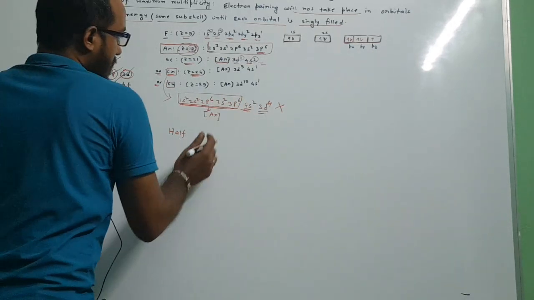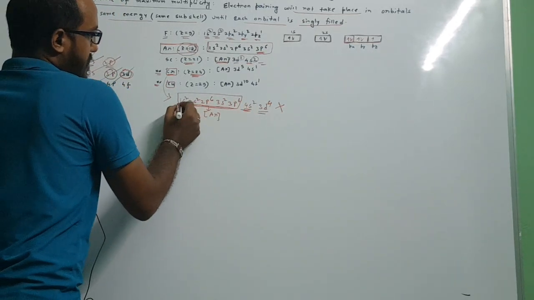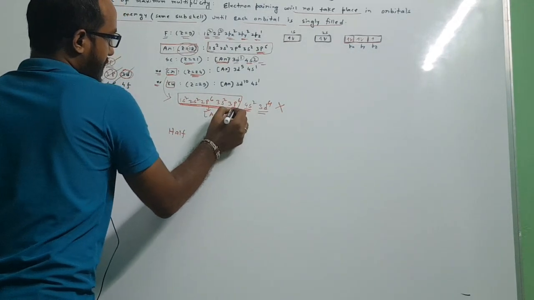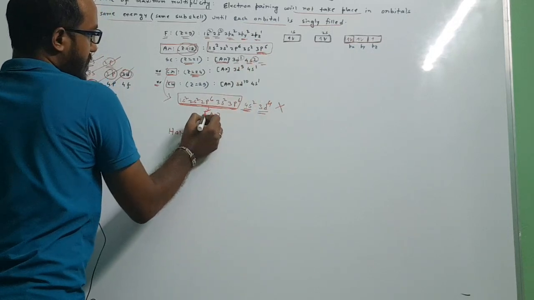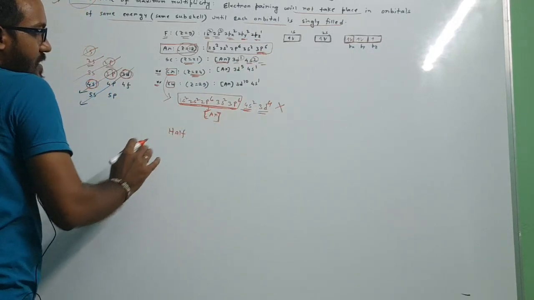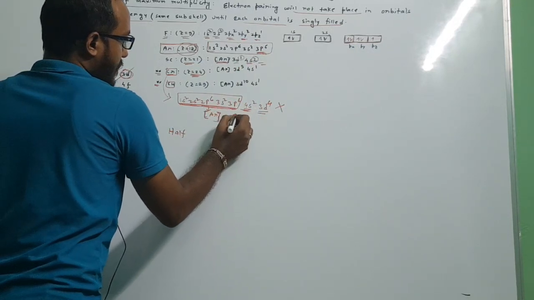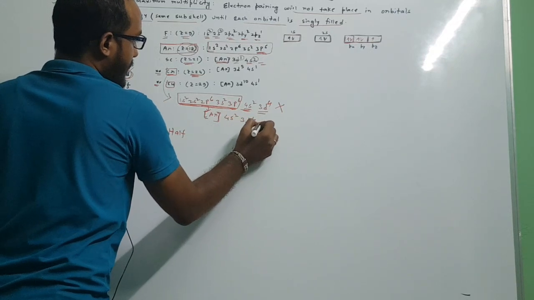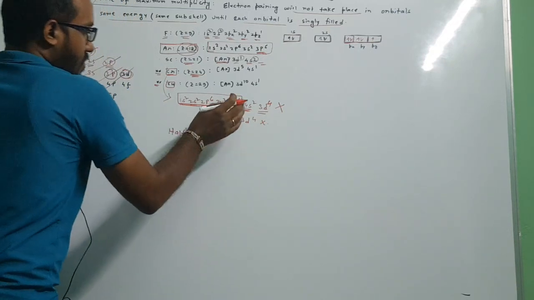Why is this wrong? Because in this configuration you can write up to 3p6 as argon, because it is the nearest noble gas configuration. After that you have to write only 4s2, 3d4. This is also wrong. Why is this wrong?